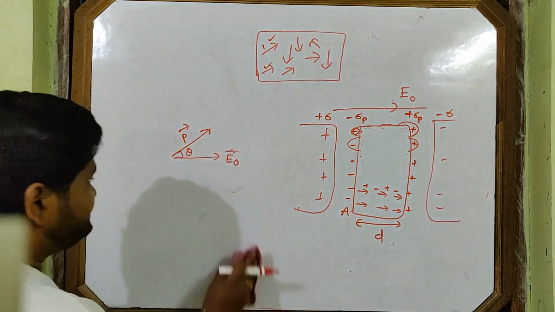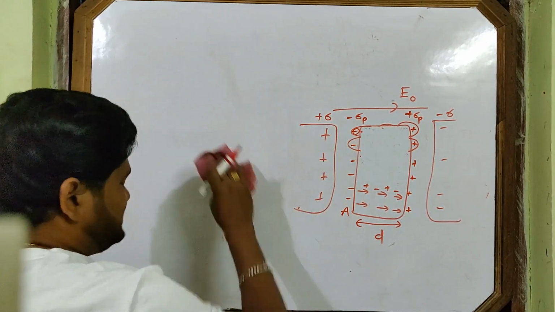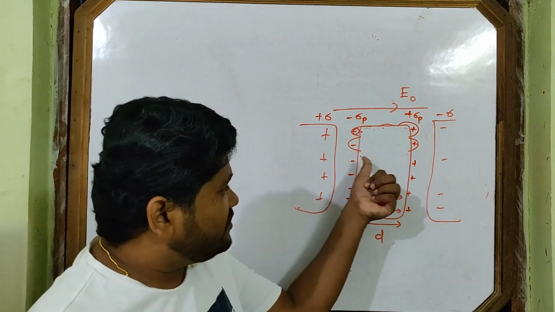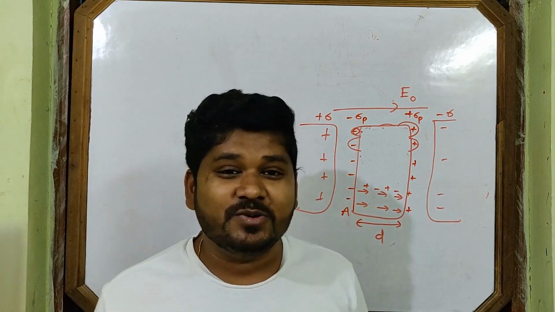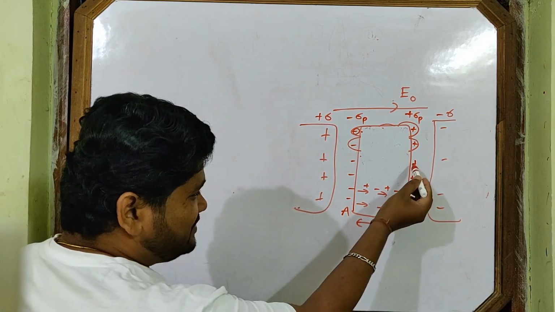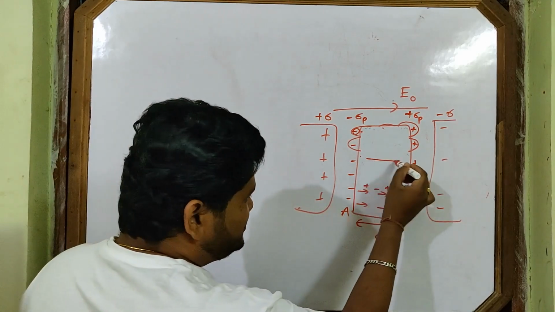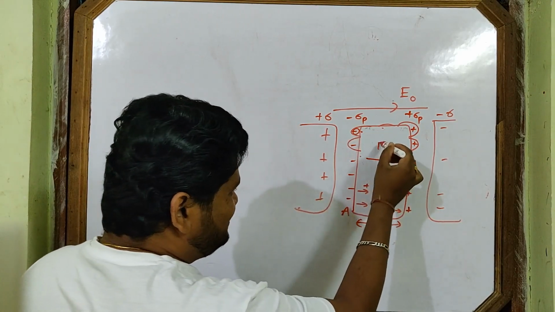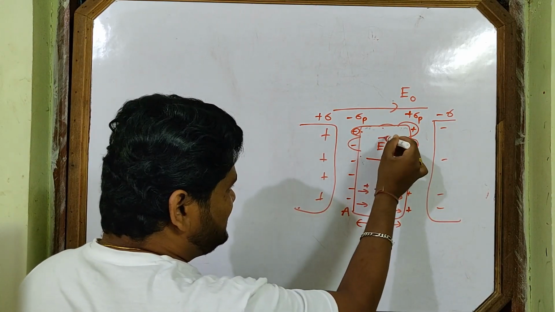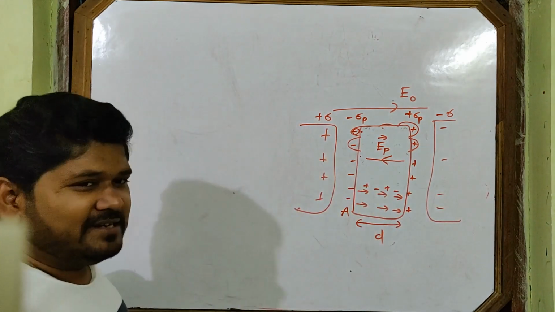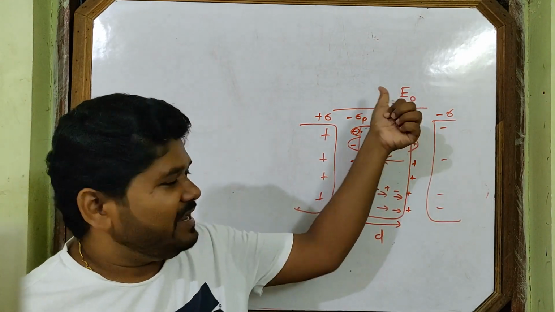So now you see, inside the dielectric an electric field is induced. You see, this is the positive, this is the negative. So here is one electric field, but where is the direction of the electric field? It is here, opposite to the applied electric field.